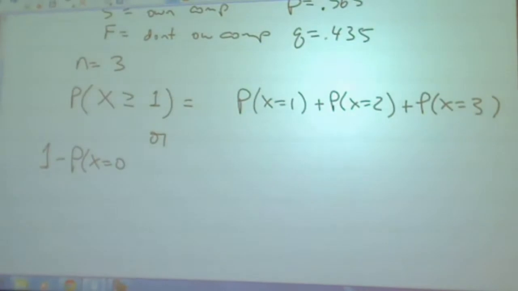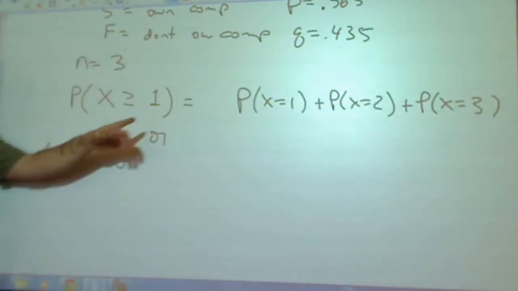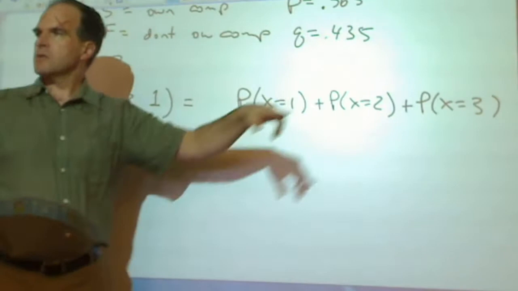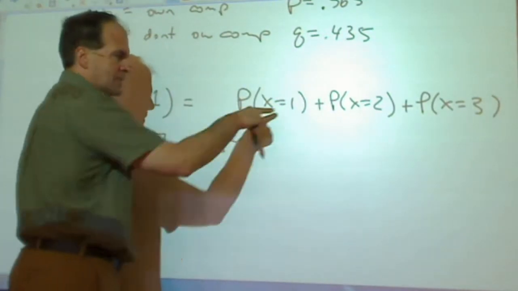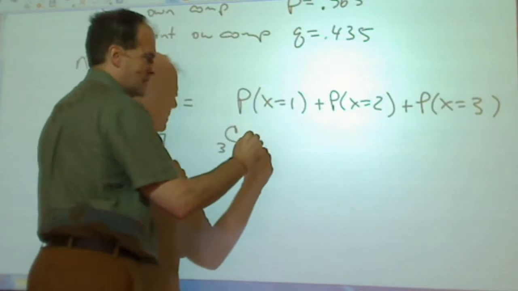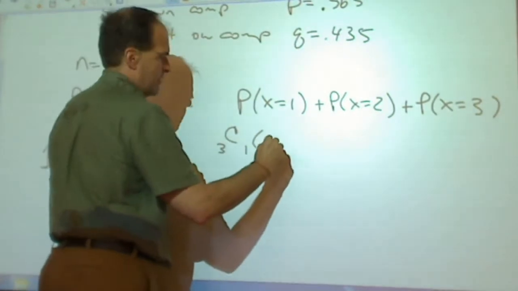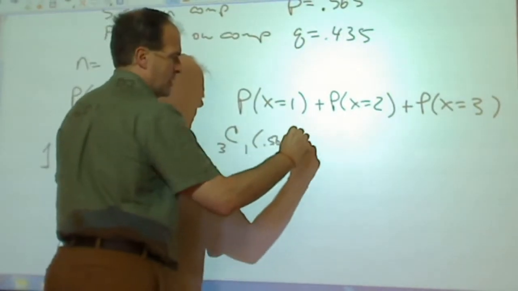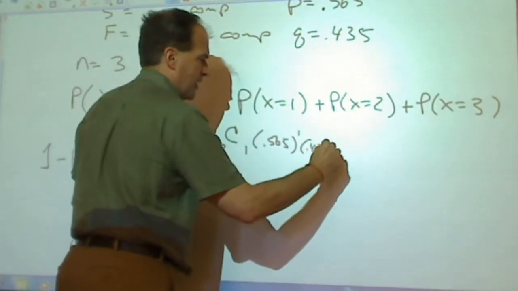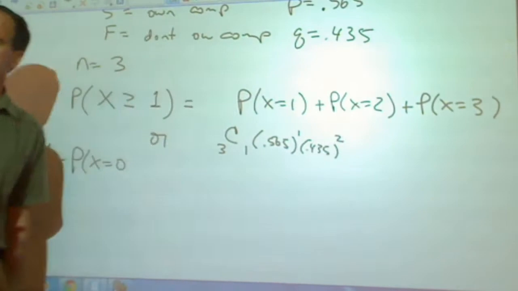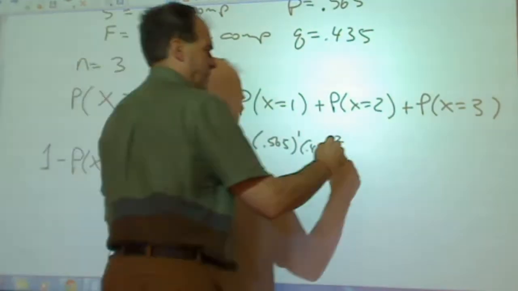Okay. So what will be on your sheet is these equations, how to get those. So this is combination, your sample size, the number of successes. So p 0.565 to the first, because I only have 1, 0.435, all the rest are failures.